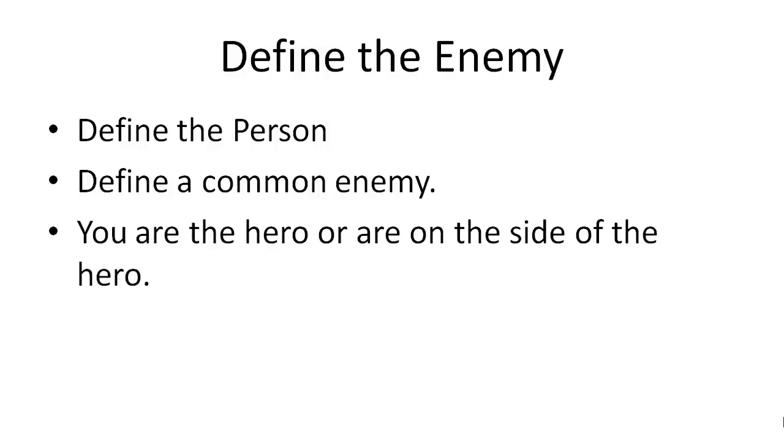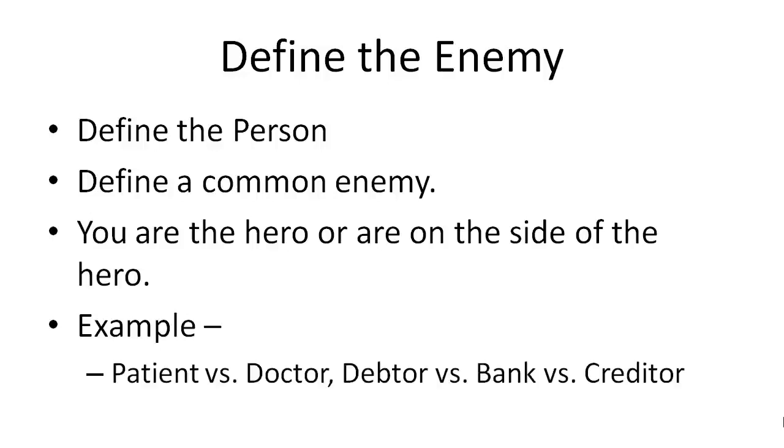You've encountered the enemy and you've overcome the enemy. Now, let me explain what I mean by the enemy. If you think about movies and story plots and things that are very intriguing, there's always a hero and there's always an enemy. So let me give you an example.